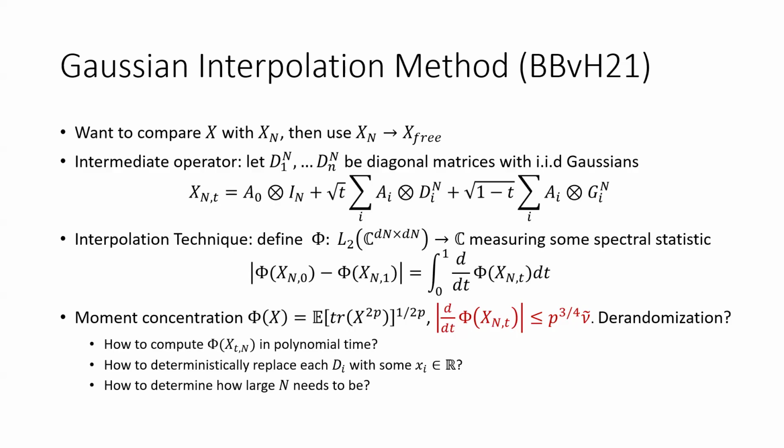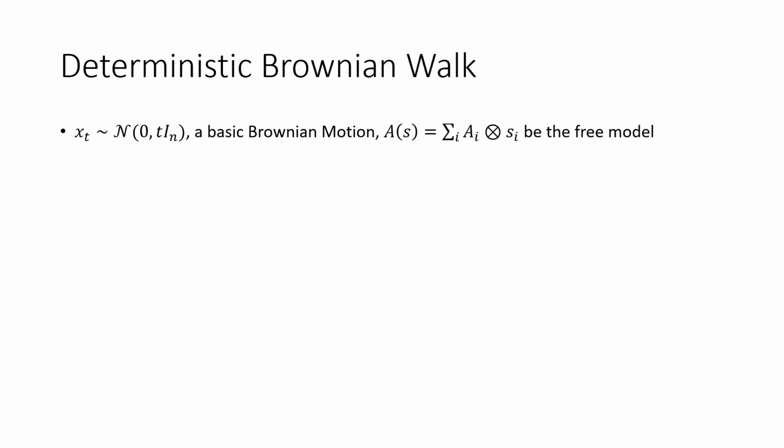So the main idea that we use is that we define an interpolation scheme between X and X free directly without going through this Xn matrix. So what do I mean? Well, consider a Brownian motion, xt, where xt is a Gaussian with variance t.